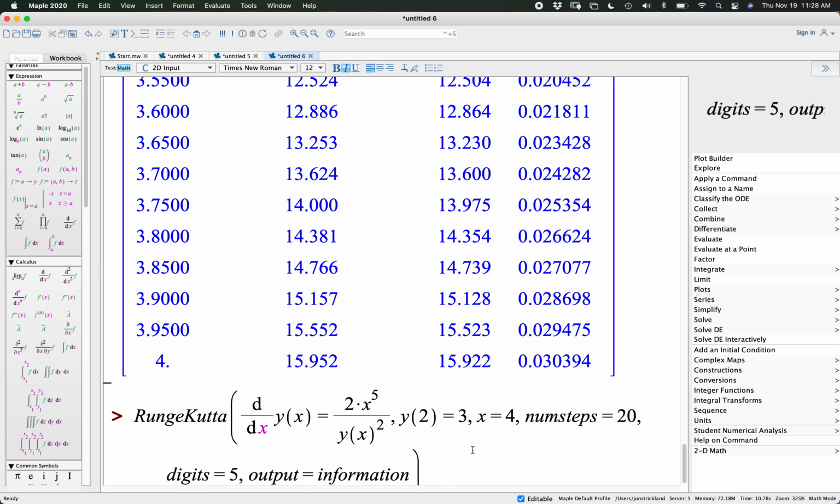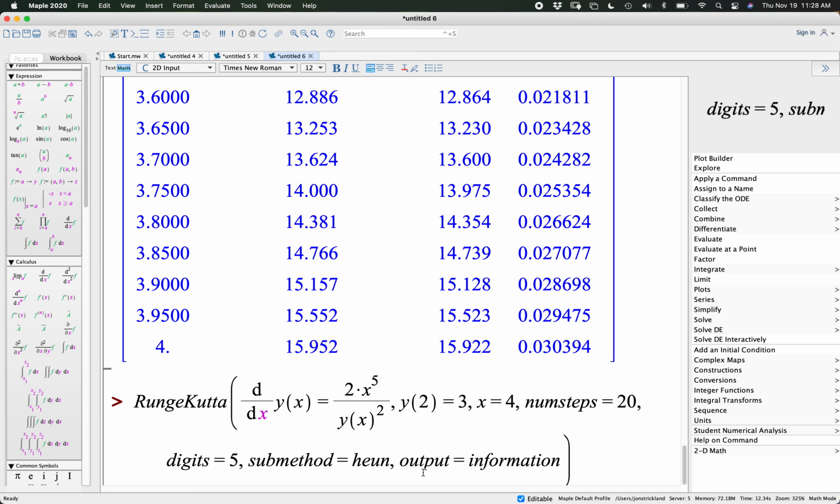You got the same equation, and for the step size at 0.10, the number of steps is 20, digits is 5, and now the sub method, again, H-E-U-N, Heun.